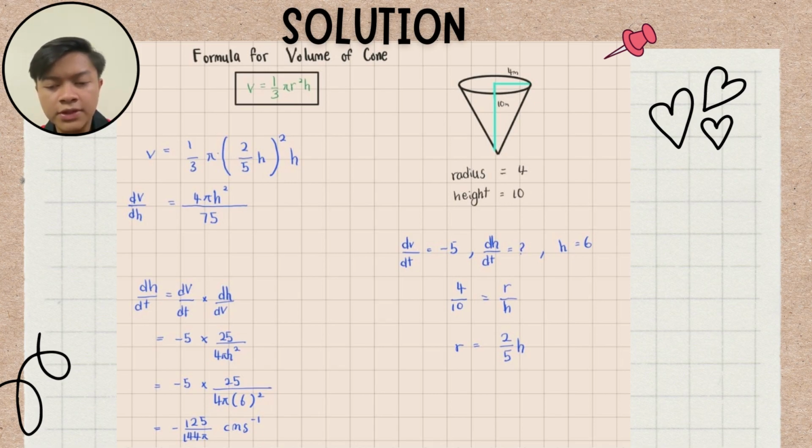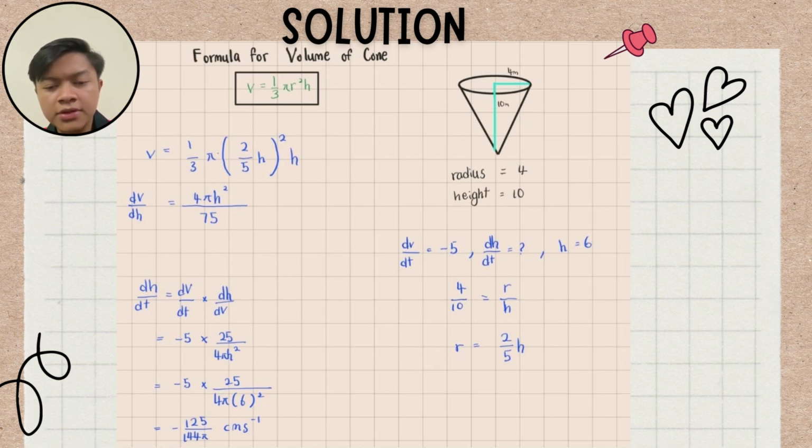We get 4 over 10 is equal to r over h, and then with simple mathematics, we get r equals 2 over 5 h. Then we substitute the value of r into the formula of V, which is 1 over 3 pi times (2 over 5 h)^2 times h.